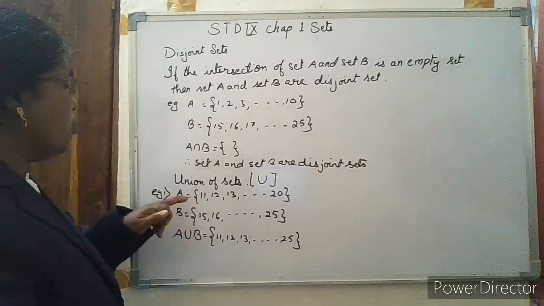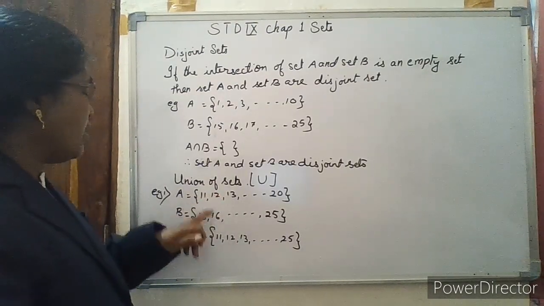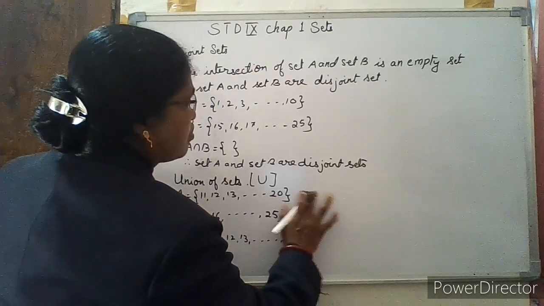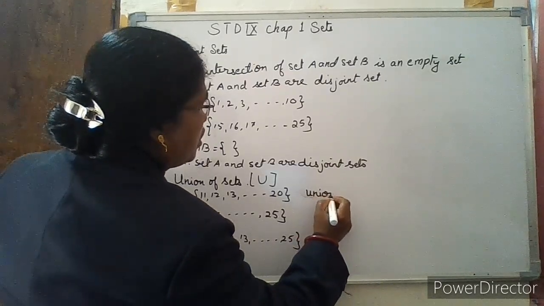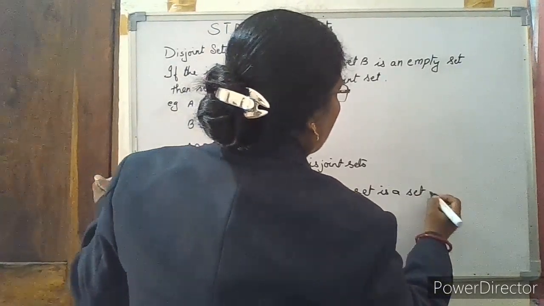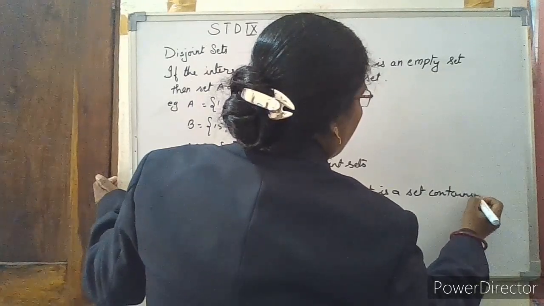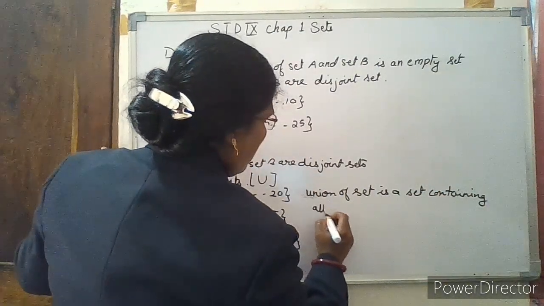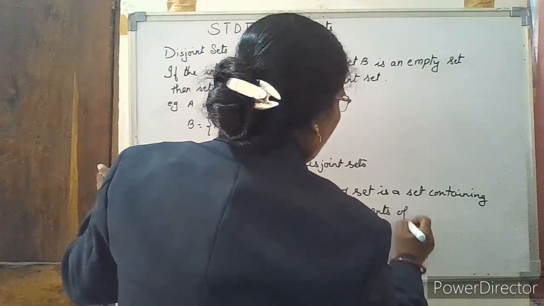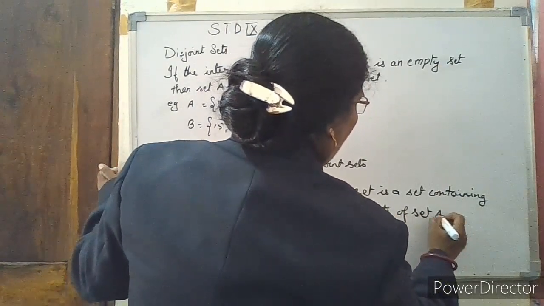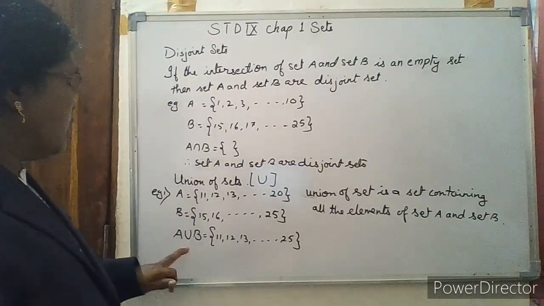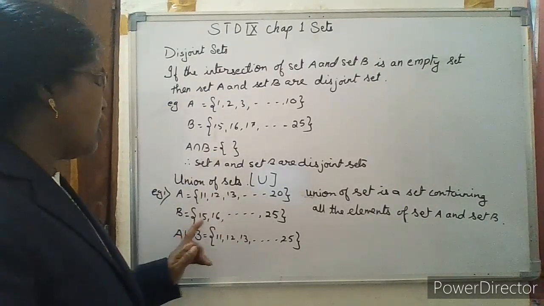It is a set which includes all the elements of set A and B. So union of sets is a set containing all the elements of set A and set B.